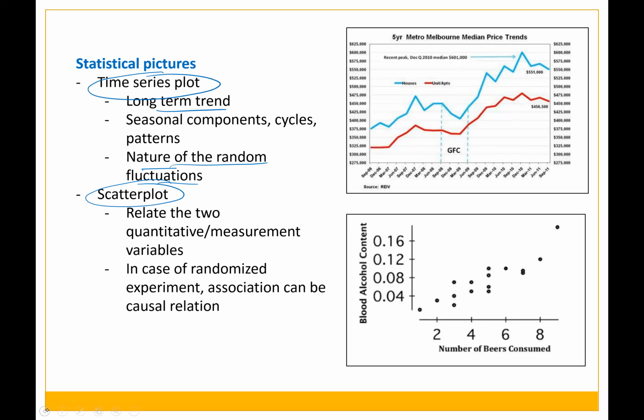If that data is obtained by things like randomized experiments, you can actually draw a causal relation from it. But if it's from something like an observational study, we can use a scatter plot to say there's an association, but not necessarily one causing another. Remember it's only applied for two quantitative variables. If you have a categorical variable, a scatter plot is not a very good option to choose.